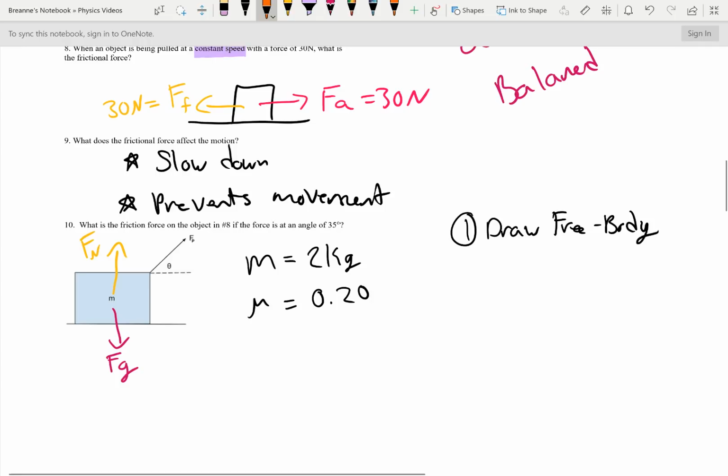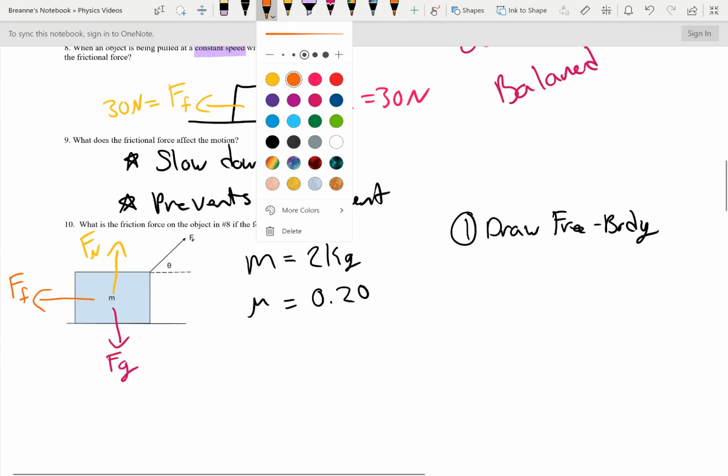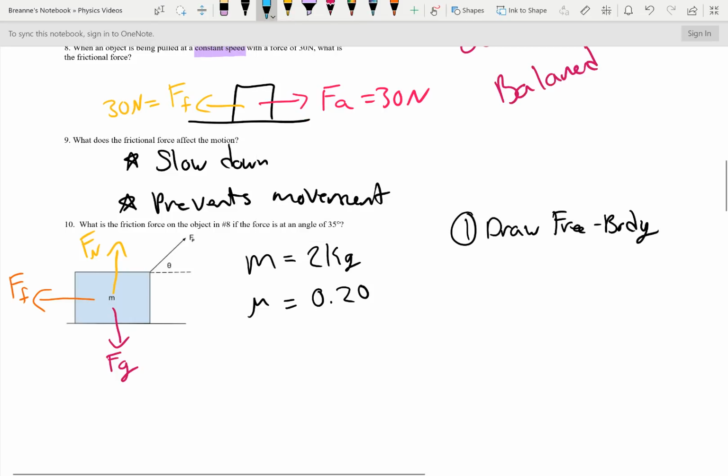And we have a force applied. Then we also have a force of friction. Since it's moving in this direction, the force of friction always goes opposite of the motion.